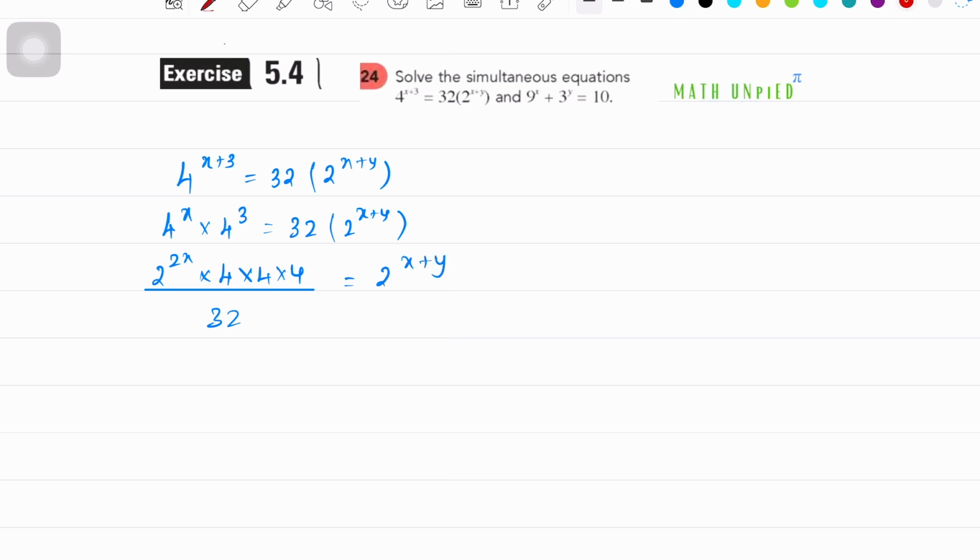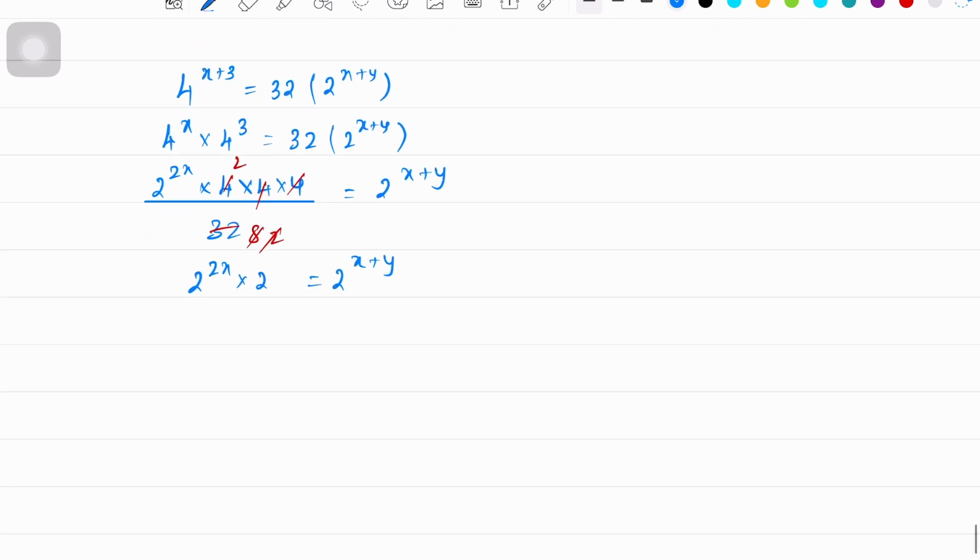Now we can cancel this. 4 will go 8 times, 4 will go 2 times again, and 2 will go 2 times. 2 raised to 2x times 2 equals 2 raised to x plus y. Now this is 2 raised to 2x plus 1 equals 2 raised to x plus y.